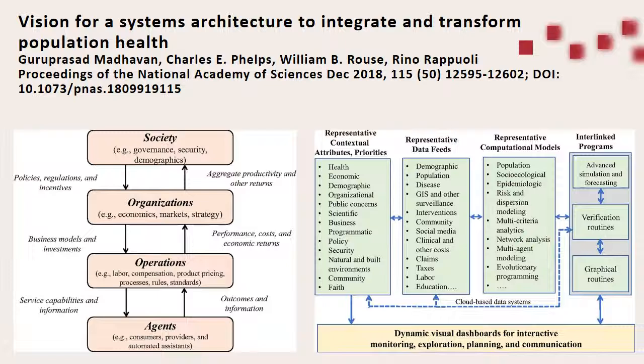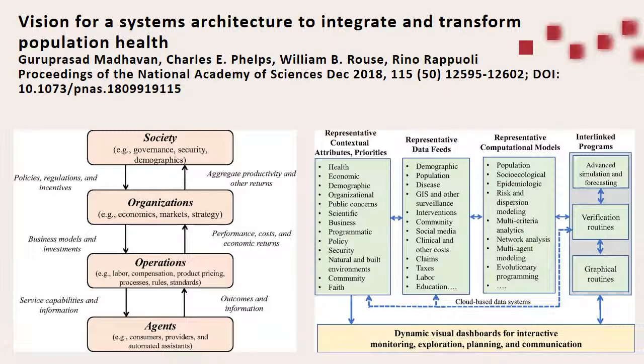These two figures come from a recent paper from the National Academy of Sciences, Vision for a Systems Architecture to Integrate and Transform Population Health. So you can see here from figure 1 on the left side, society, organizations, operations, and agents.